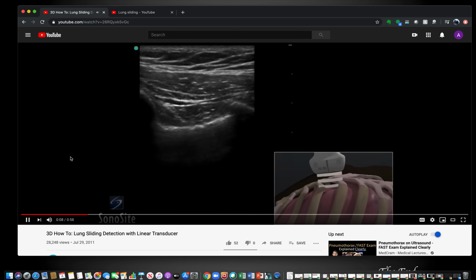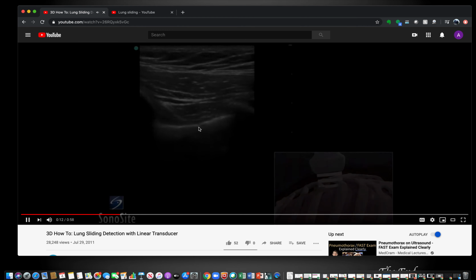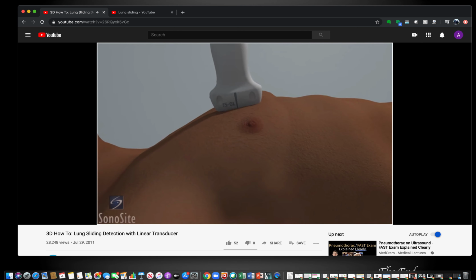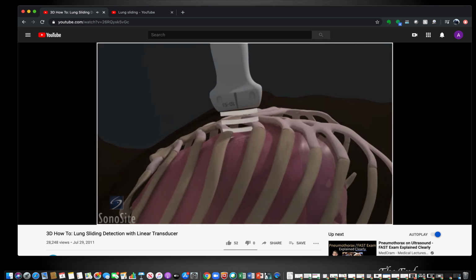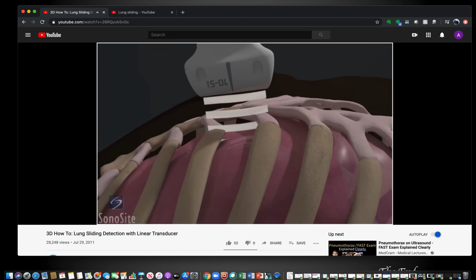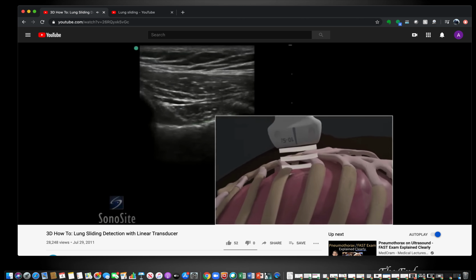Linear array transducer is used to evaluate lung sliding as an extension of the FAST exam. The orientation marker is positioned in the direction of the patient's head. The transducer is placed in a long axis orientation over the anterior chest wall at the third or fourth intercostal space in the anterior axillary to mid-clavicular line.